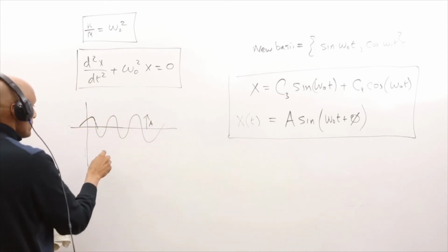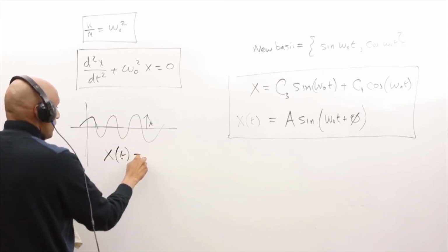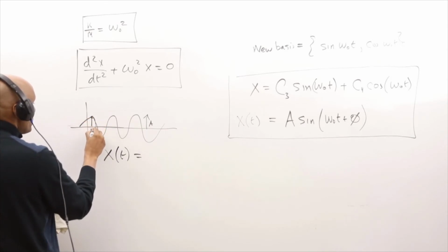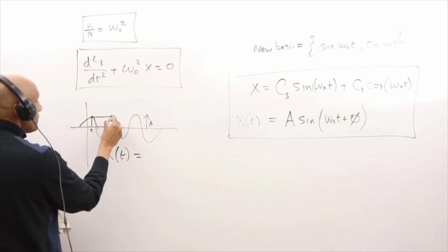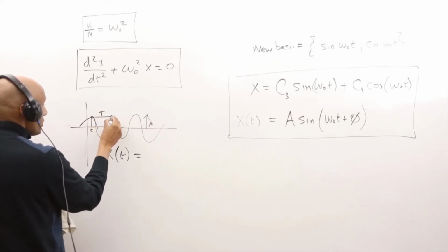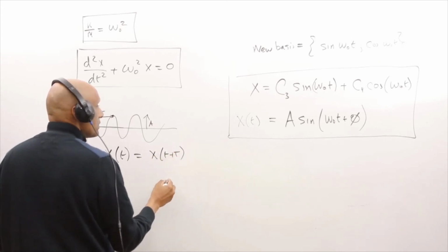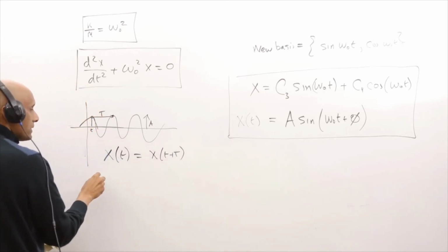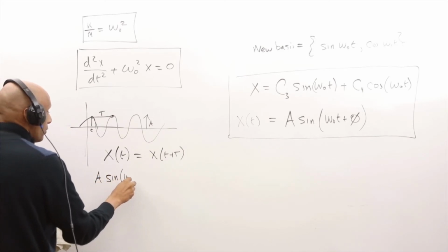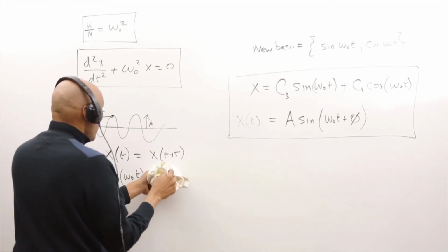So we should ask ourselves, when does this function repeat itself? So here's x at t, and I know that it's periodic, so if I take some value of t, sometime later, some time period later, the function repeats itself. So I'm expecting x at t plus T. We can plug it into the original equation, so we can say that A sine of omega_0 t plus phi is equal to A sine of omega_0 times t plus the time period, plus phi.